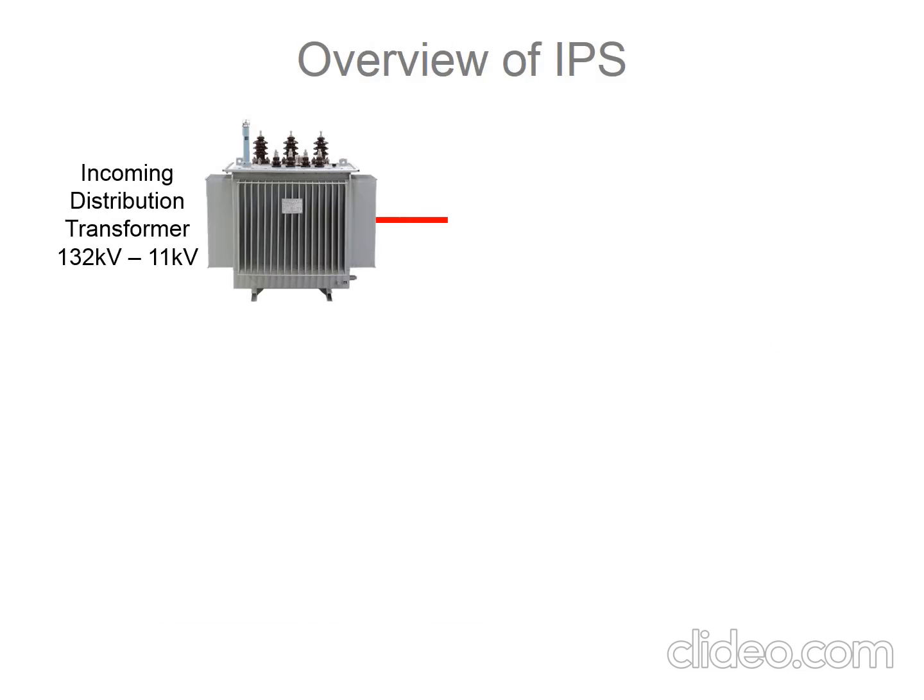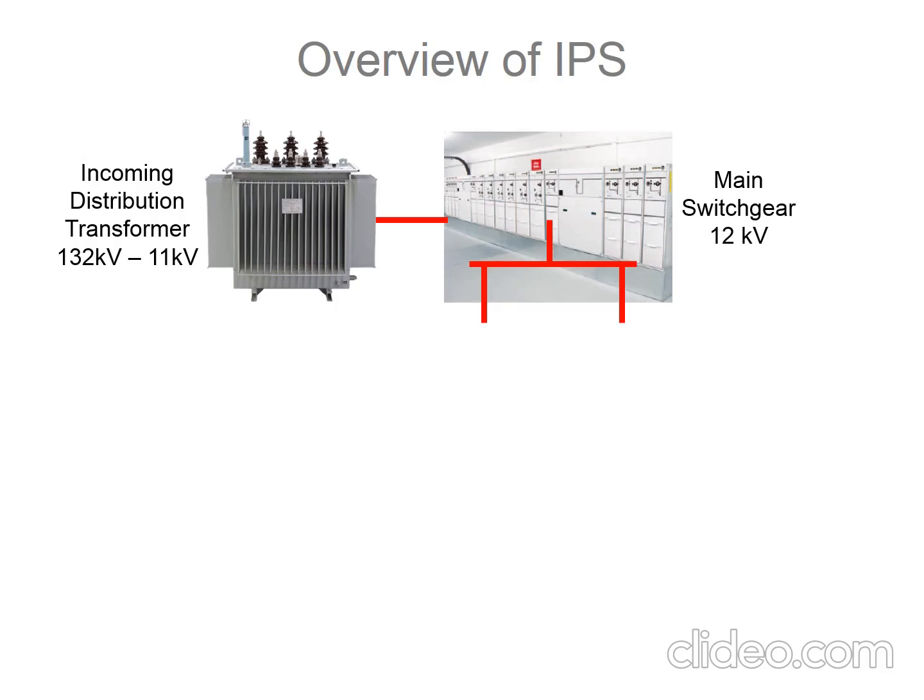This is the overview of IPS. The incoming distribution transformer is 132 kV, stepping down to 11 kV. This one is the transformer. And then it goes to the main switchgear, 12 kV.